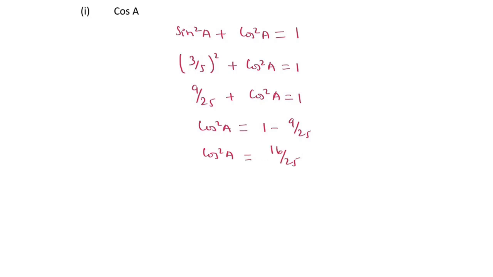Now let us apply the root on both sides. Then our equation is going to be cos A equals the square root of 16 over 25. Solving this, we have cos A equals 4 over 5. And this is going to be our answer.